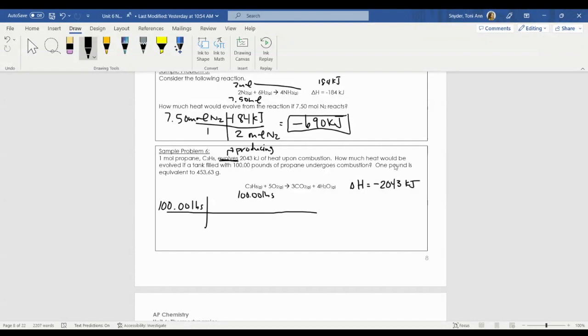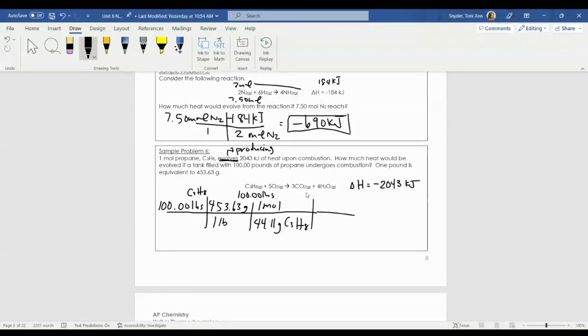Okay. So 100 pounds. And it looks like here, 1 pound is equivalent to 453.63 grams. This is 100 pounds of propane, so C3H8. So this would be propane here as well. Molar mass of propane is 44.11 grams of propane, which is equivalent to 1 mole of propane.